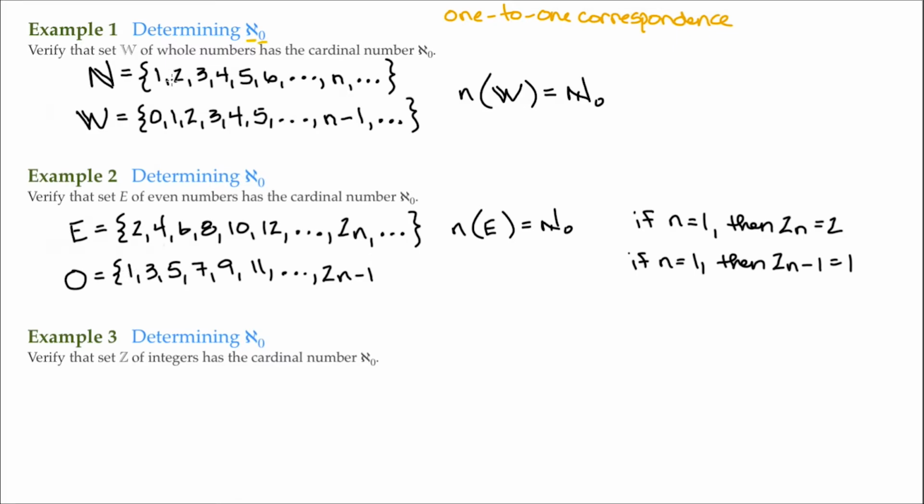We'll use 2. 2 times 2 is 4 minus 1. That's 3. We'll use 3. 2 times 3 is 6 minus 1. There's 5. So it seems as though we have established a general pattern. I'll go ahead and list it. And we're done. So we could also say that the cardinal number of odd numbers is also Aleph null.